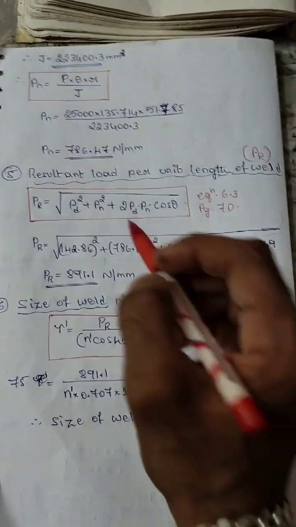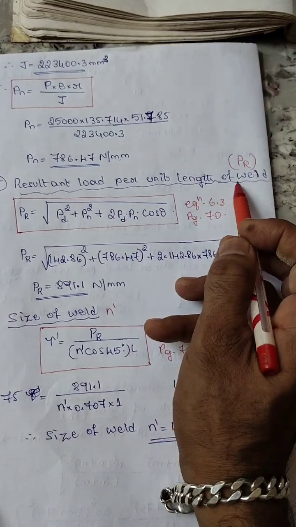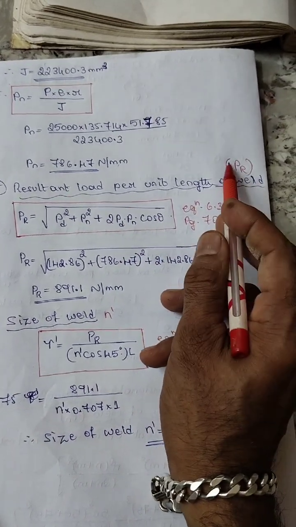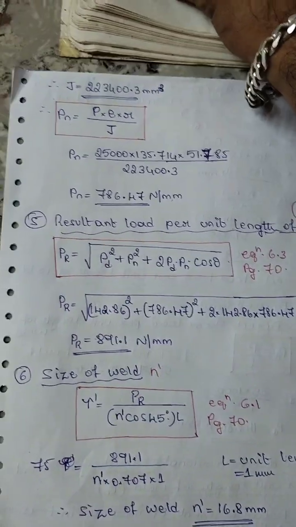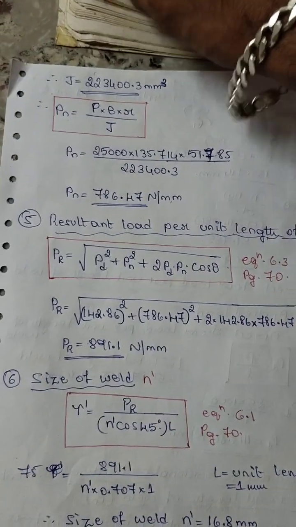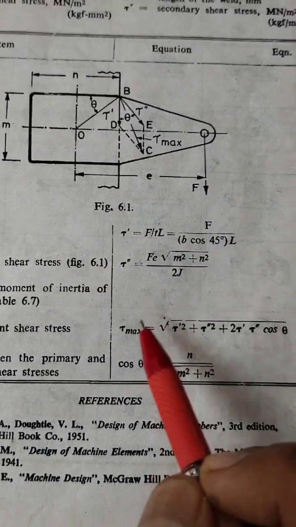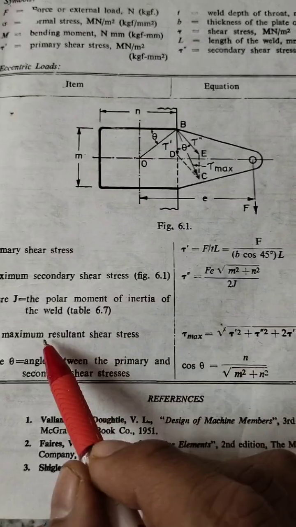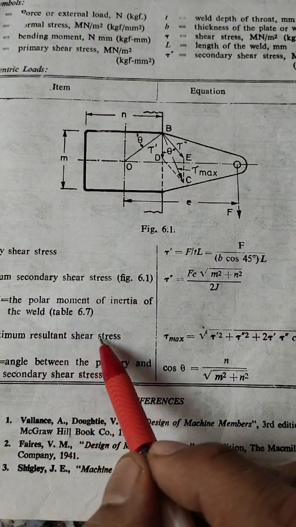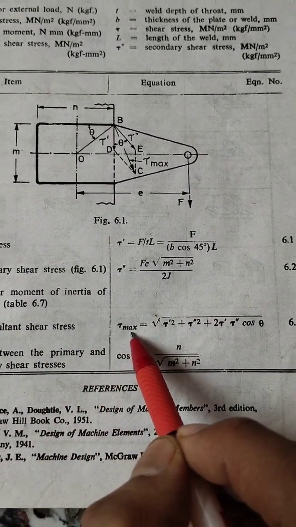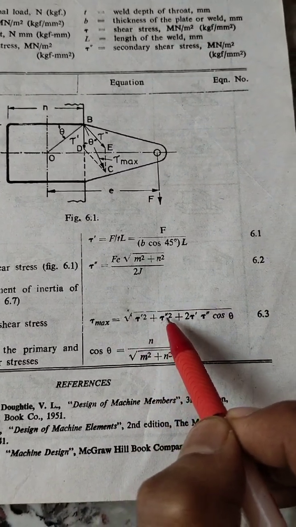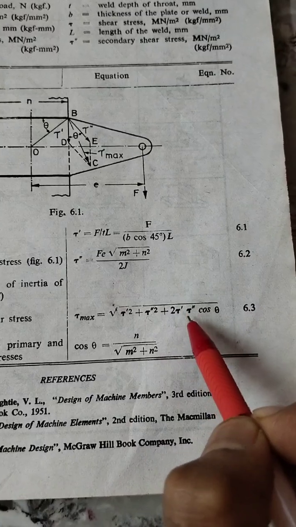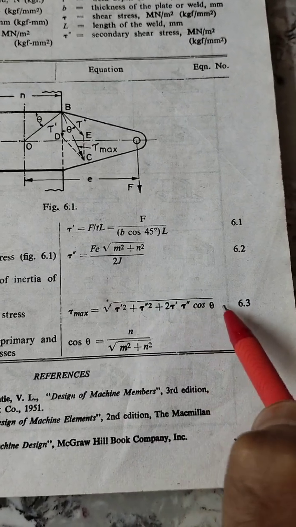Next is the resultant load per unit length of weld, that is PR. This equation is there in your data handbook. Here, see the equation. They have given the maximum resultant shear stress, tau max, equal to the square root of tau 1 square plus tau double dash square plus 2 tau 1 tau double dash cos theta.